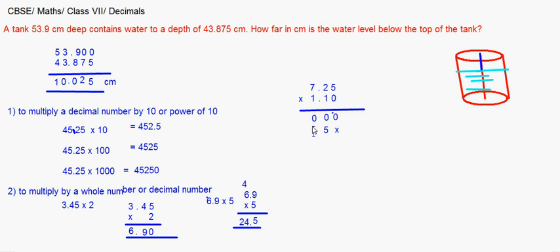I'm multiplying it with 1 now, and then a 7. You must have learned to leave 2 places here. Yes, you must have learned in year 4 or 5 maybe. And then again a 5, then a 2, and then a 7. Now we add them.